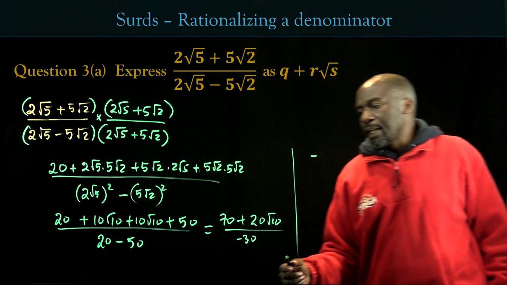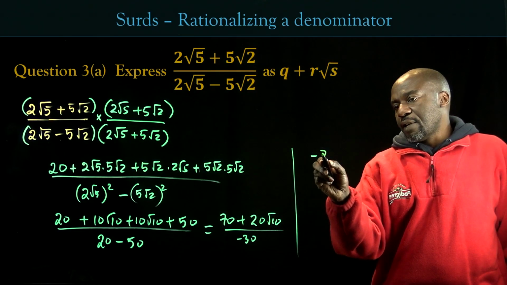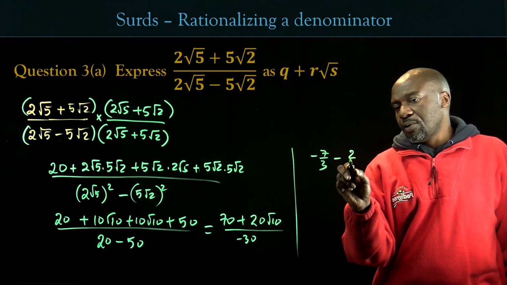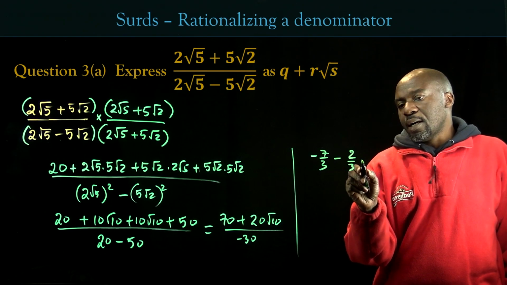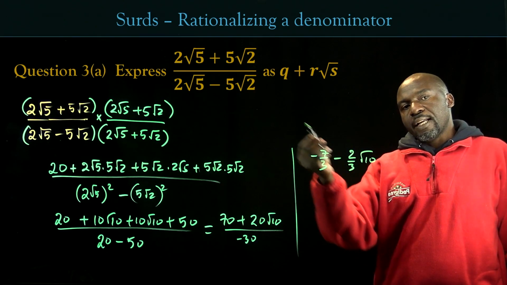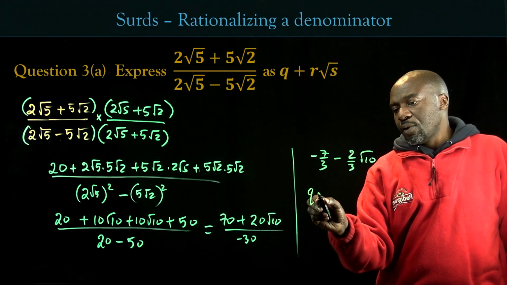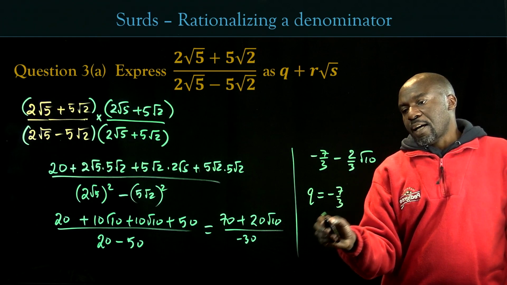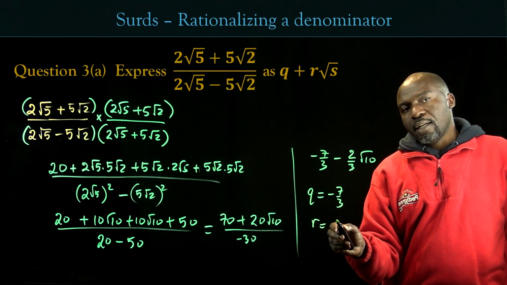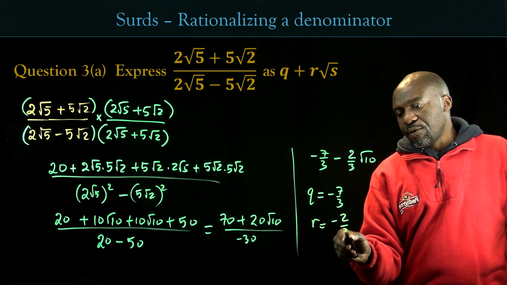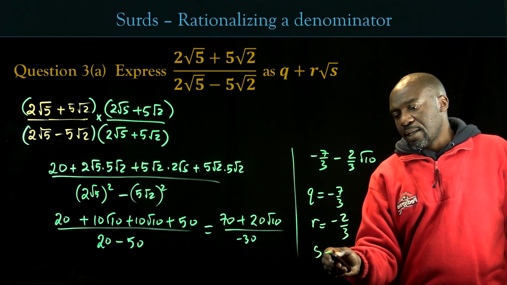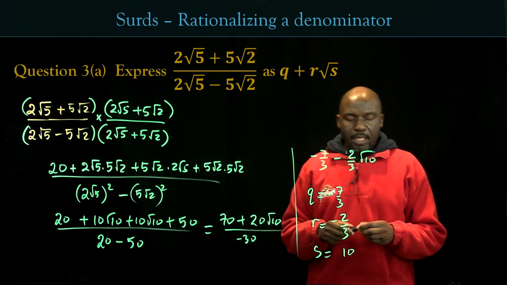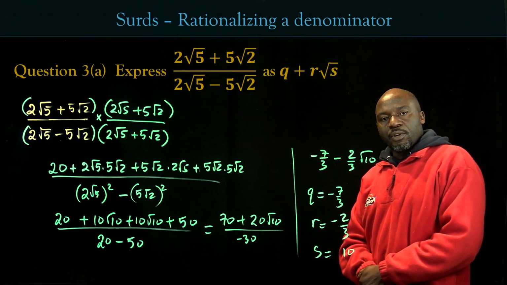So if I divide, I get negative 7 over 3, and that becomes minus 2 over 3 root 10. So clearly, based on that, Q is minus 7 over 3, R is minus 2 over 3, and S is 10. Okay, and that's how we solve this question.